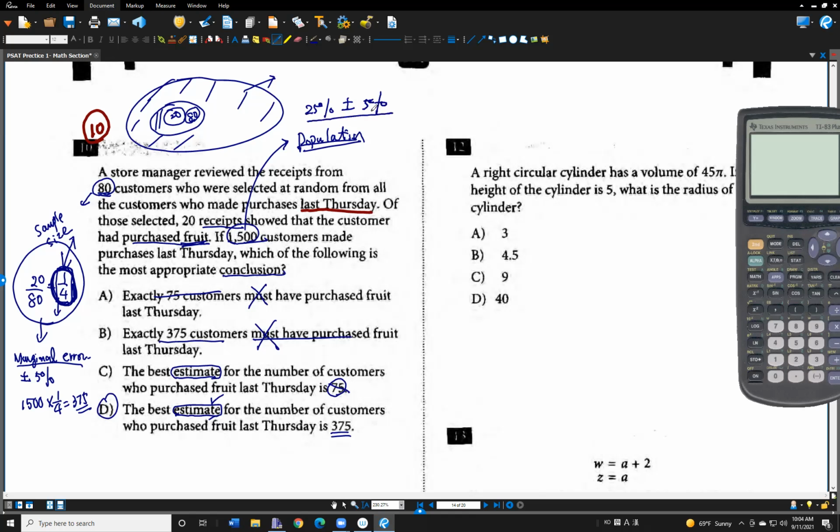So we've got to be careful. This is a very popular SAT question. Using sampling, when we say something about populations, we must be very careful about which vocabulary to use, not must, okay?